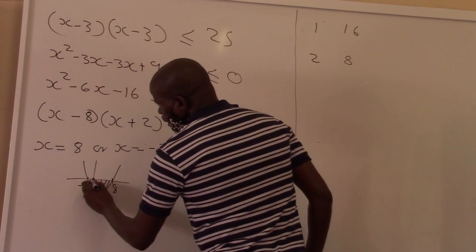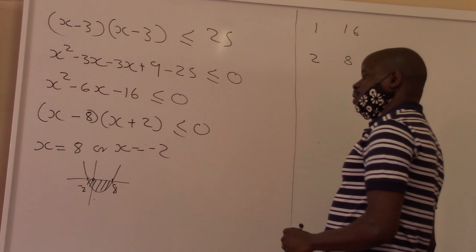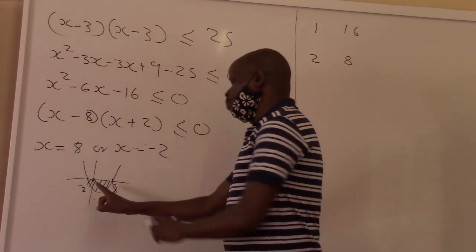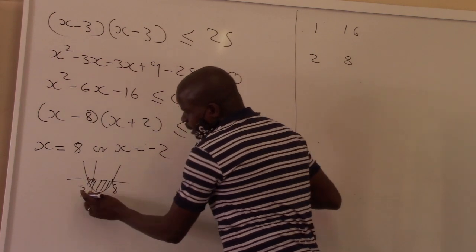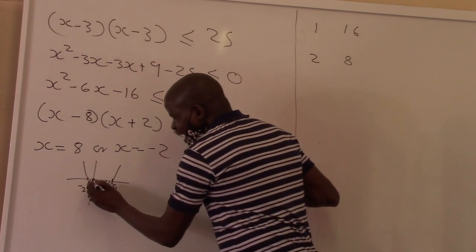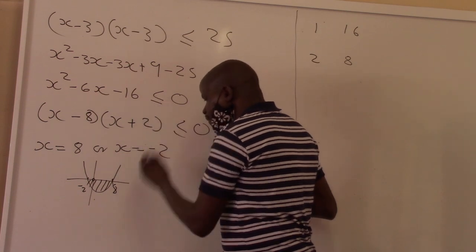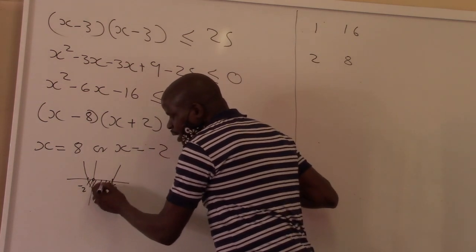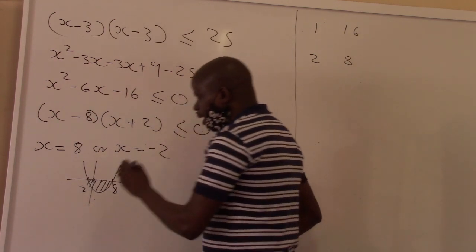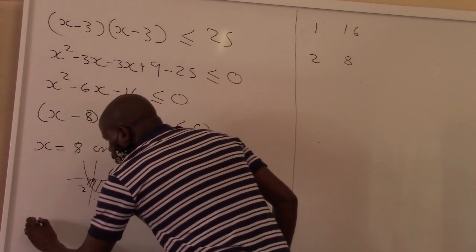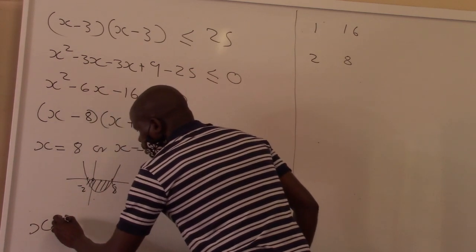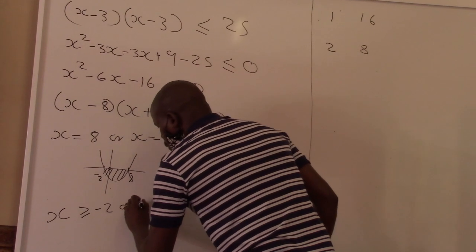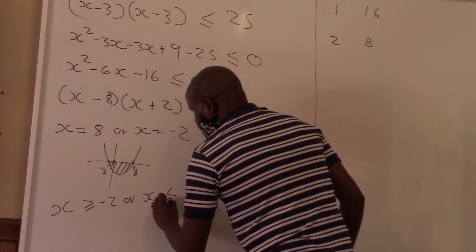So any value greater than negative 2 will give us anything in that region, or any value that is less than 8 will give us anything within that region. So when we conclude, we will say x should be greater than or equal to negative 2, and x should be less than or equal to 8.